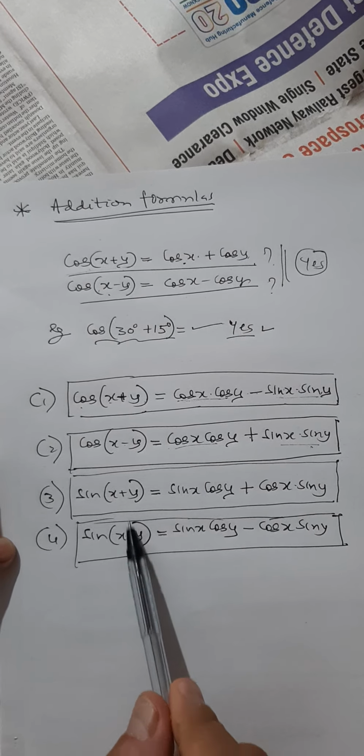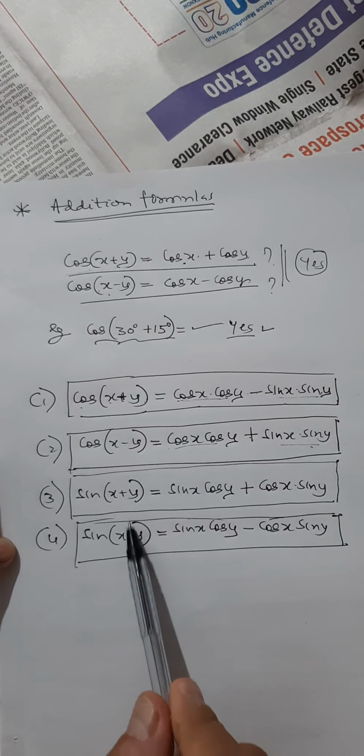Before I proceed further, let me write the formula for tan also. So the addition formula for tan of x plus y, which is in the form of tan function. It can be proved with the help of these only. So it is tan x plus tan y upon 1 minus tan x into tan y.